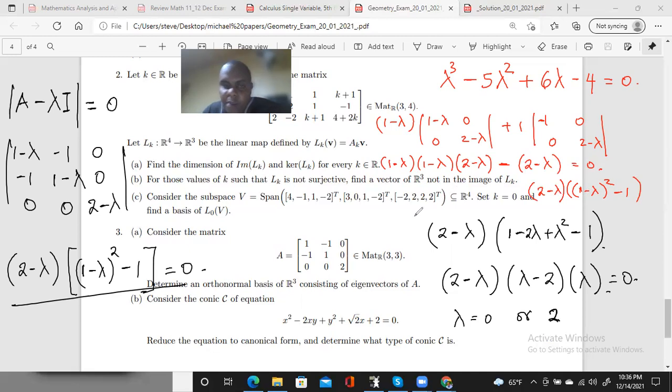If you expand 1 minus lambda squared, you get 2 minus lambda times 1 minus 2 lambda plus lambda squared minus 1. The 1 and the minus 1 cancel. You're left with 2 minus lambda times lambda squared minus 2 lambda. You factor out lambda, you are left with lambda, 2 minus lambda, lambda minus 2.